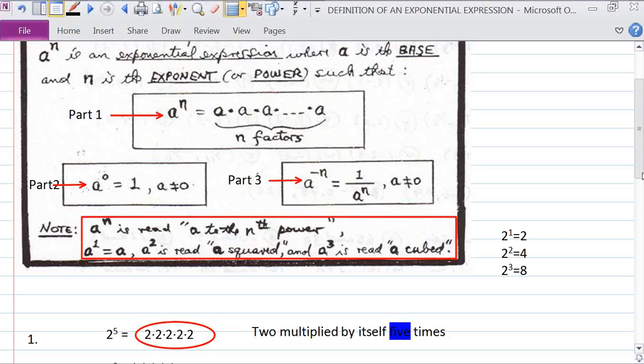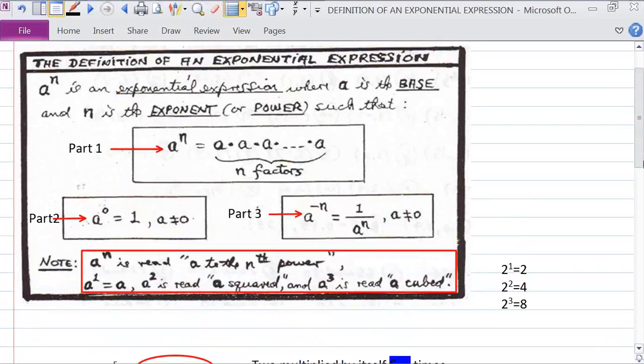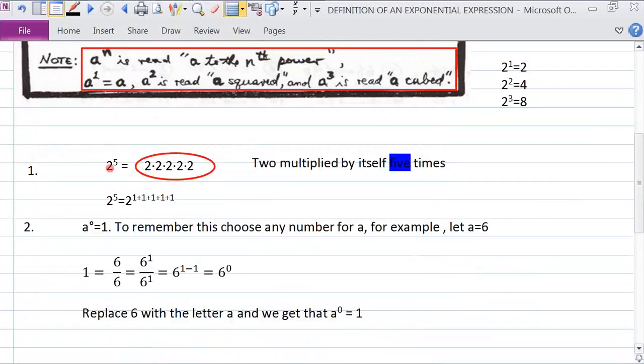So as far as part 1 is concerned, supposing we had 2 to the 5th, what does this really mean? It means 2 multiplied by itself 5 times. Another way we could look at it is that each of these 2's, when we write it, is always raised to the first power.